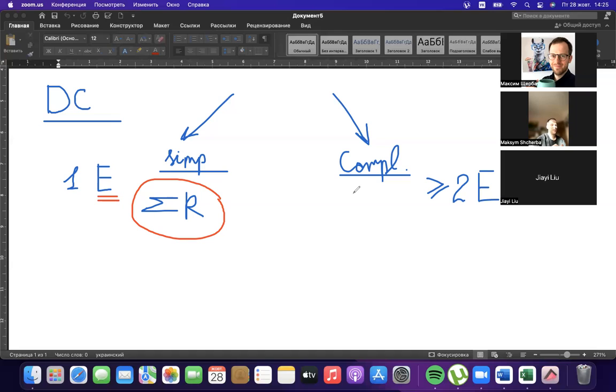For the complex circuits, we have lots of methods. They are generally grounded on the Kirchhoff laws. We discussed previously Kirchhoff's laws: that the total current at some point should equal 0, starting from the charge conservation law, and that the total voltage in some closed loop, in some closed mesh, should also equal 0.